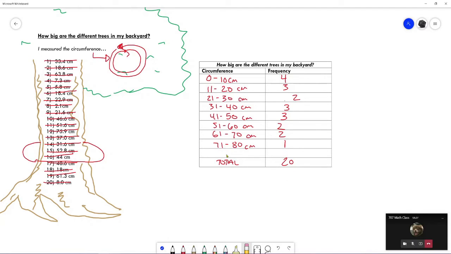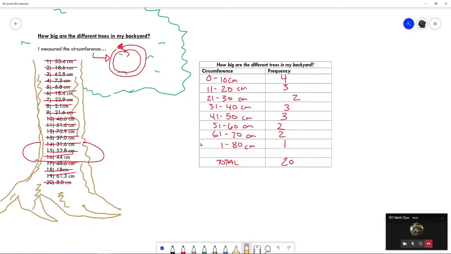Now that I have my data in my frequency table, you can see it's a lot more organized this way than if I wrote them all out individually. The reason we might use ranges of data is because if we have a lot of it, we might not want to show every individual piece of data. It might be good enough to show just ranges of data this way. So that's why I might want to do something like this.